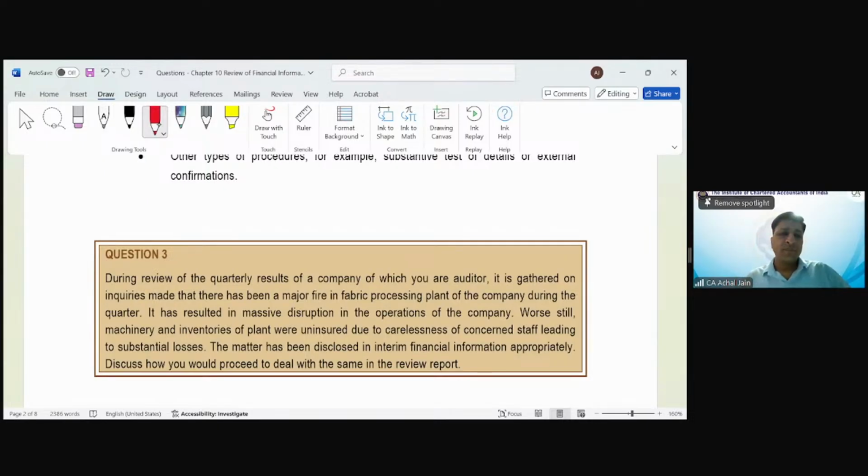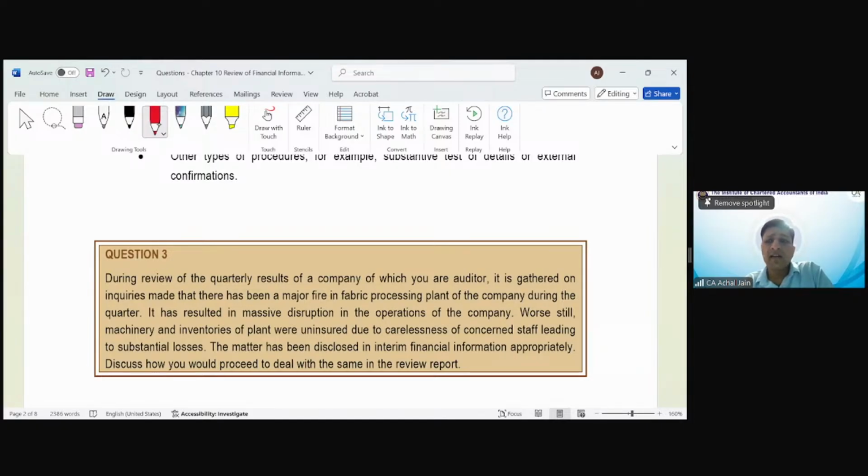Next. During the review of quarterly results of a company of which you are the auditor, it is gathered on the basis of inquiries that there's been a major fire in the fabric processing plant of the company during the quarter. It has resulted in massive disruption in the operations of the company.